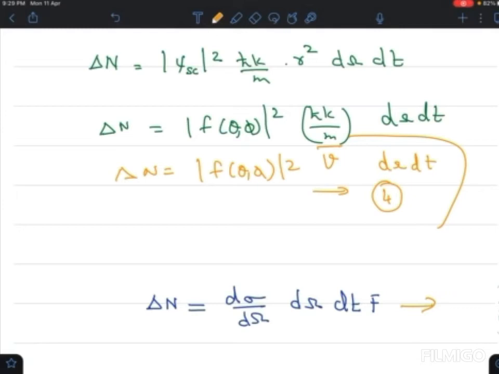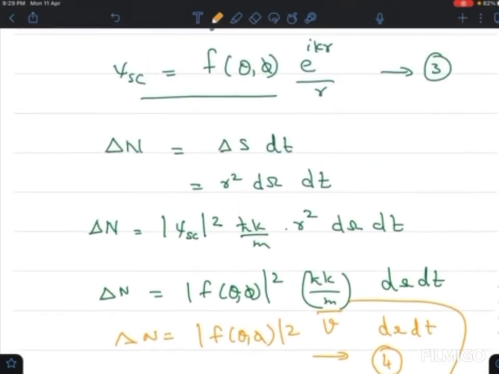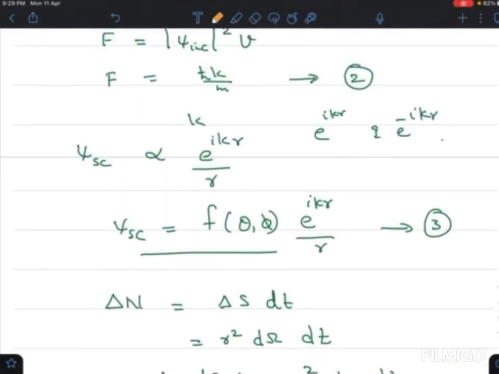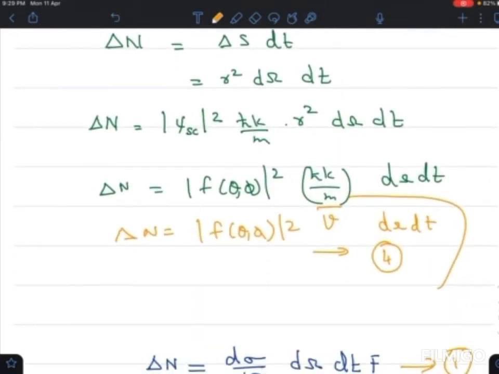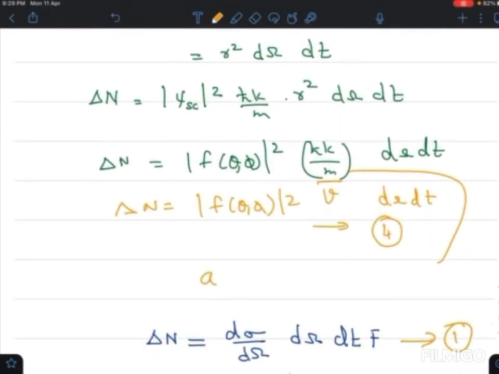So when I compare this with this equation, you can see that this is flux, h cross k by m, which we have taken as the flux. So this equation would represent modulus of f theta phi the whole square f d omega dt.